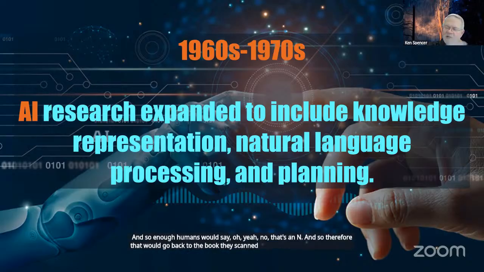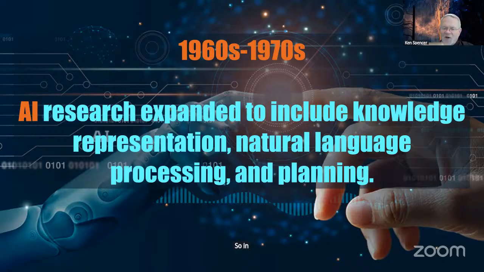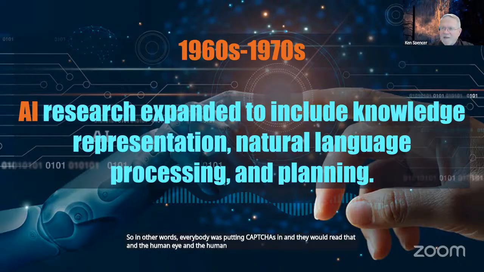When they were digitizing it, they would know that that's now the letter N. So everybody was putting CAPTCHAs in, and the human eye and brain could differentiate the letter, and that would go fix it in the digital book. That was an amazing thing back then.